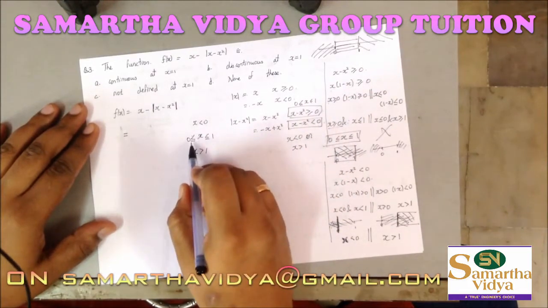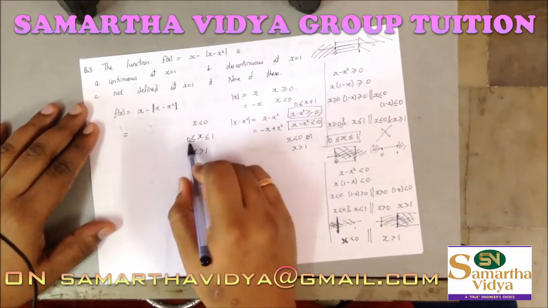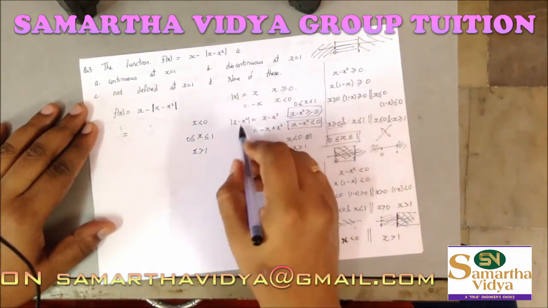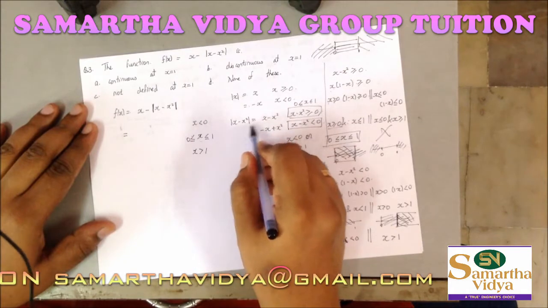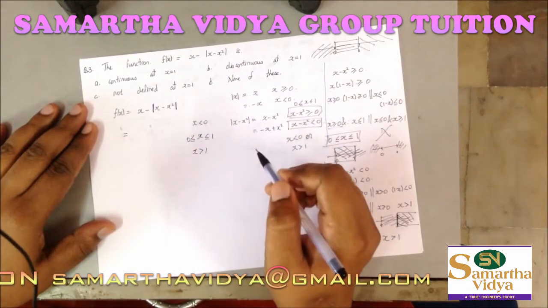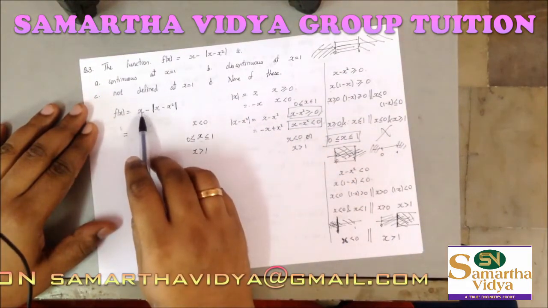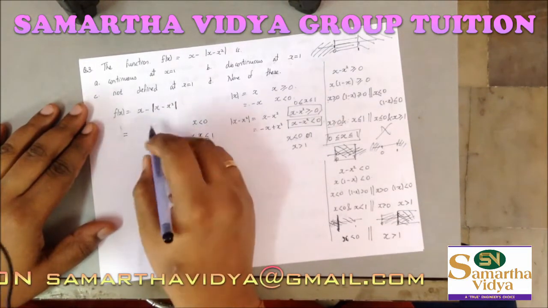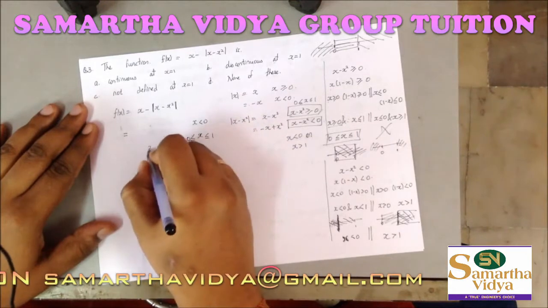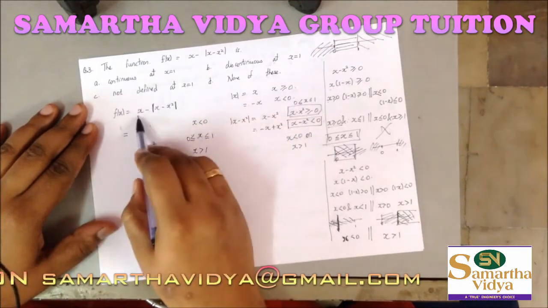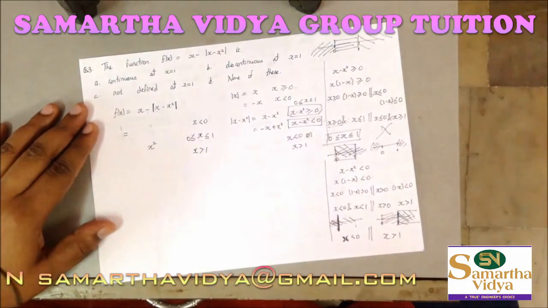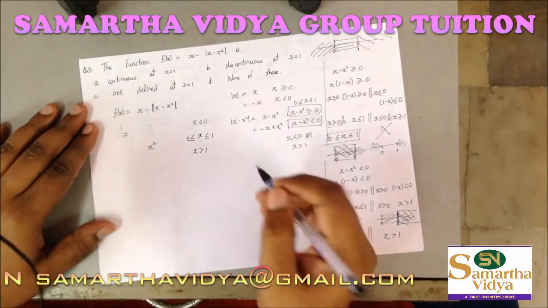So now just analyzing, let us see the first one, that is between 0 and 1. So between 0 and 1, my mod of x minus x square is x minus x square. So if I just substitute this mod as x minus x square, you basically get the answer as x square, because it is x minus x plus x square. So we have x square as the answer for that.